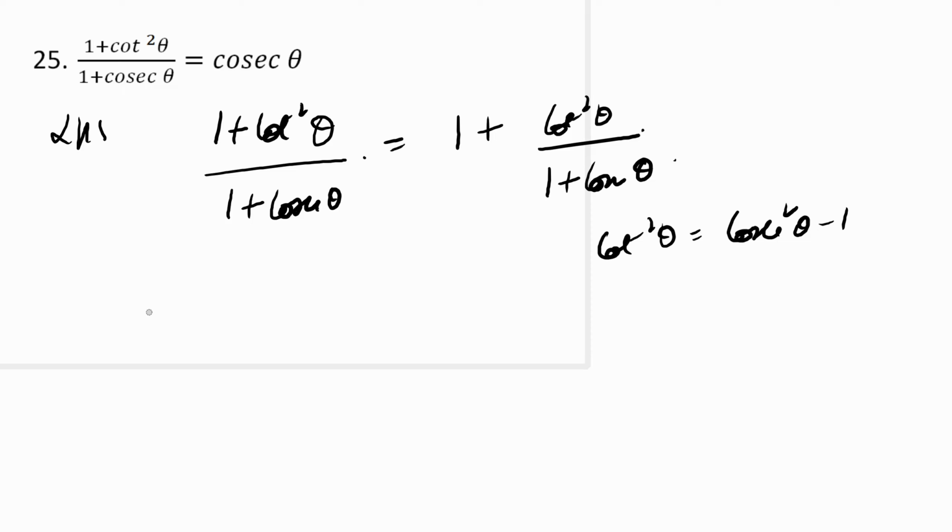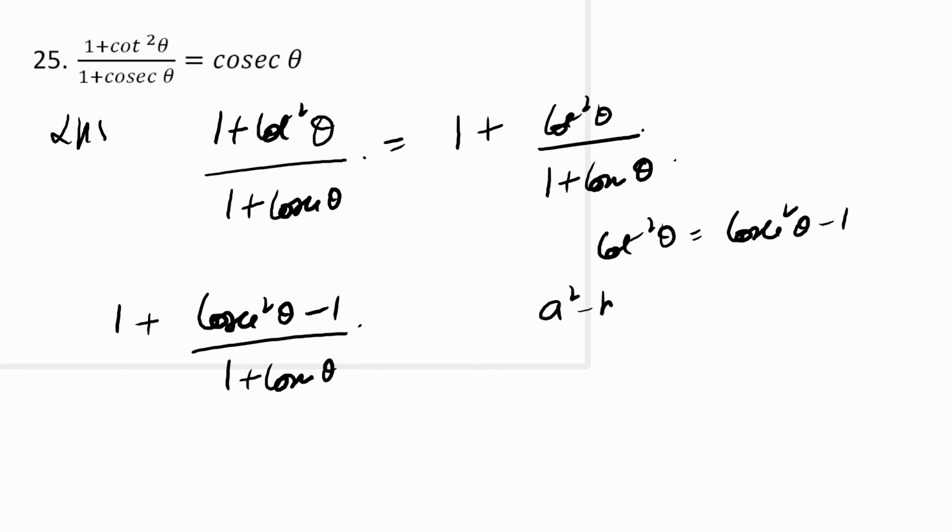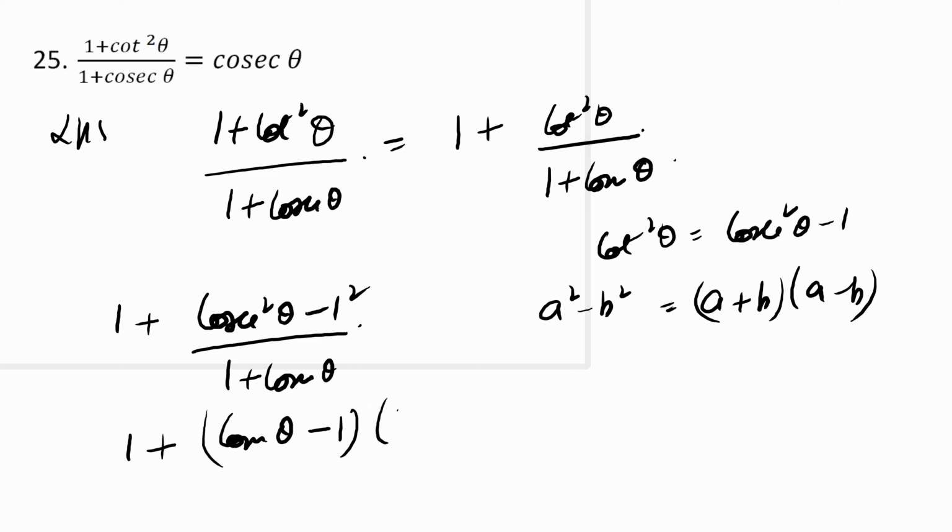So I will write 1 plus cosec square theta minus 1 upon 1 plus cosec theta. Now here I will use a square minus b square. This is 1 square. So a plus b, a minus b. So I can write 1 plus cosec theta minus 1 and 1 plus cosec theta upon 1 plus cosec theta.